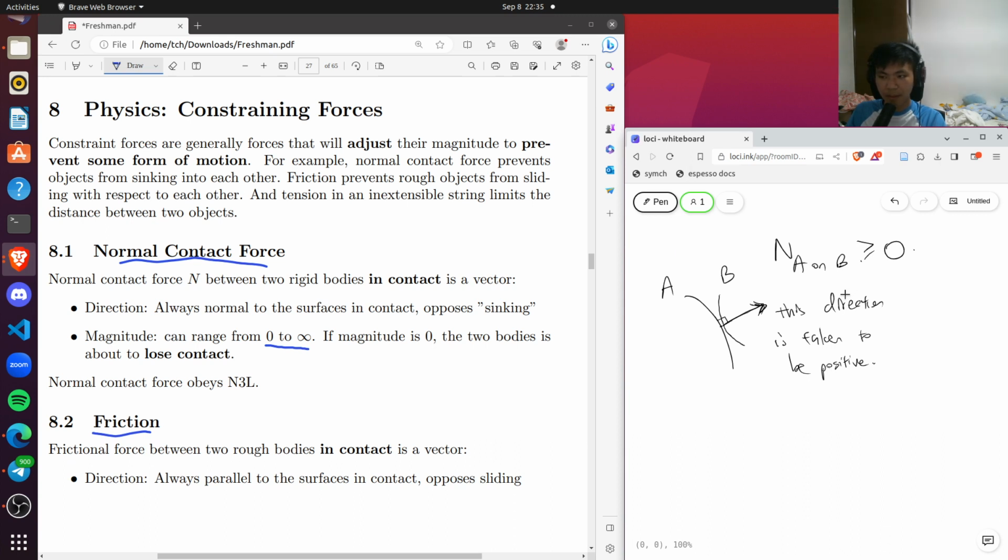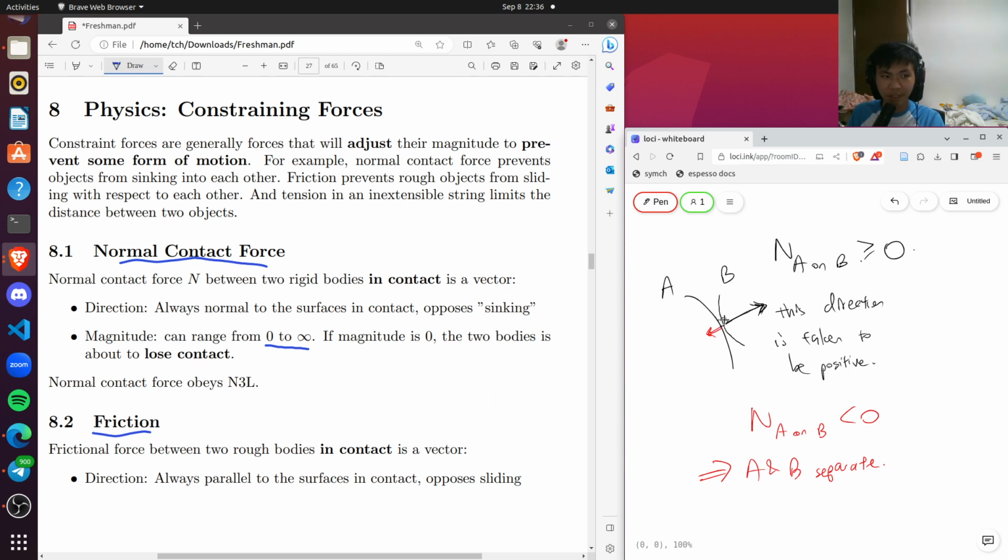However, the moment you try to let the normal contact force of A on B be negative, the two objects will just separate. This means that the moment this vector over here in black tries to flip direction, that will imply that A is trying to pull onto B. It's trying to hold onto B, is attached to B in some sense.